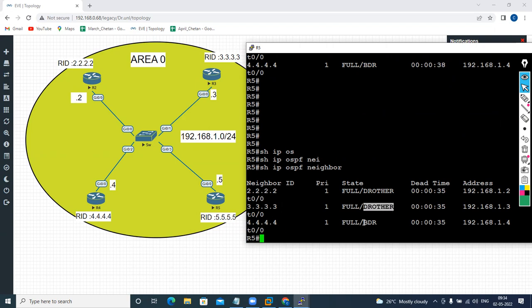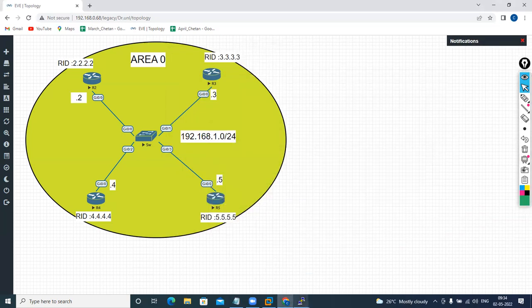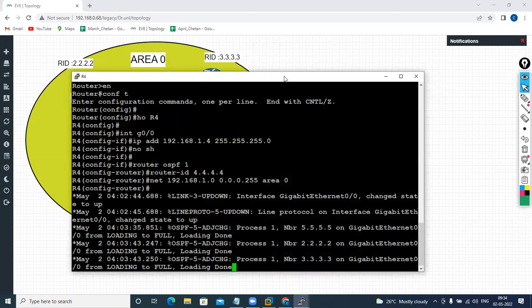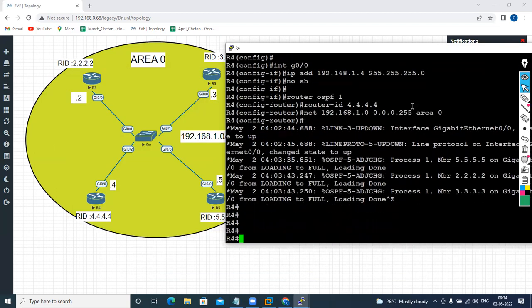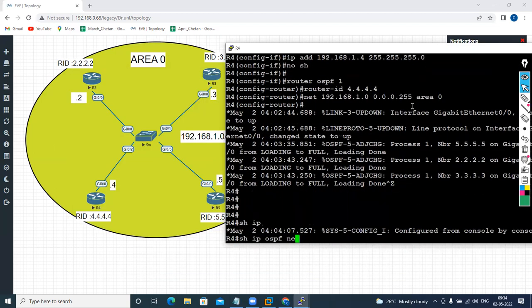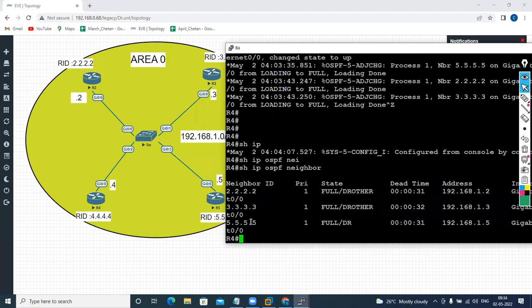Who is the BDR? 4.4.4.4 is elected as the BDR. Now go and check on R4. It will show you the DR others and the DR. Show IP OSPF neighbor. Can you see who is the DR? 5.5.5.5. Why? Because of the highest router ID, because the default priority is 1.